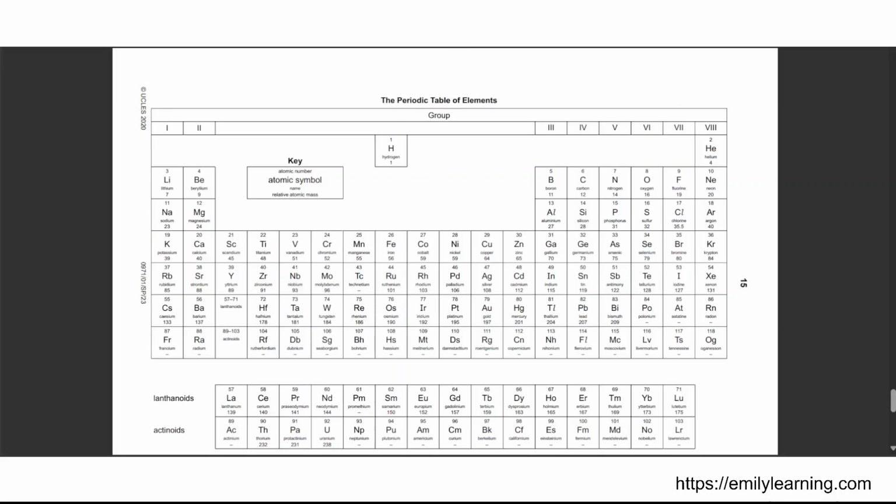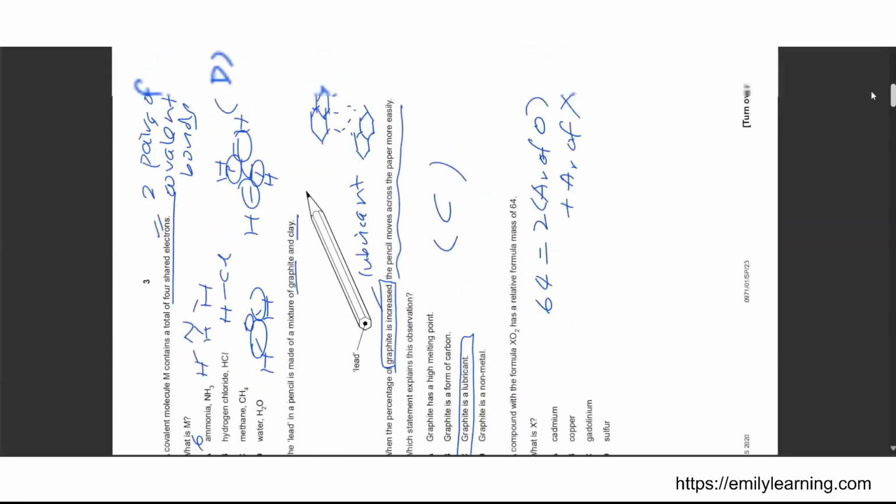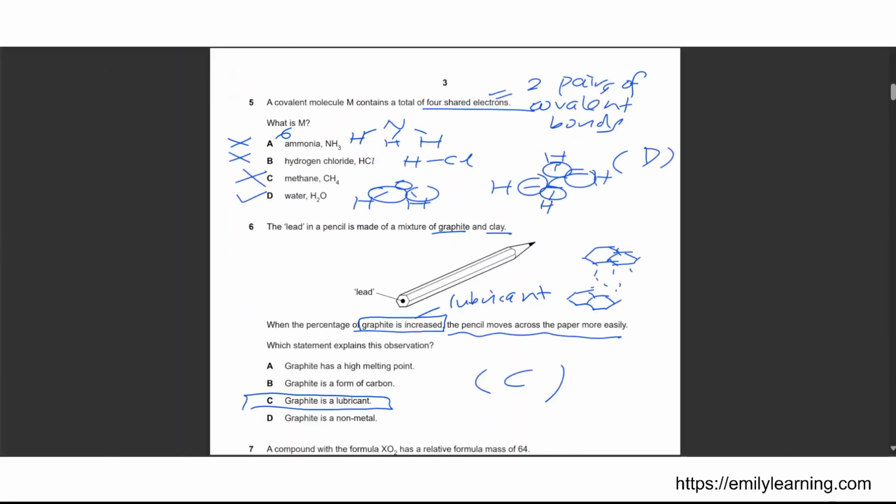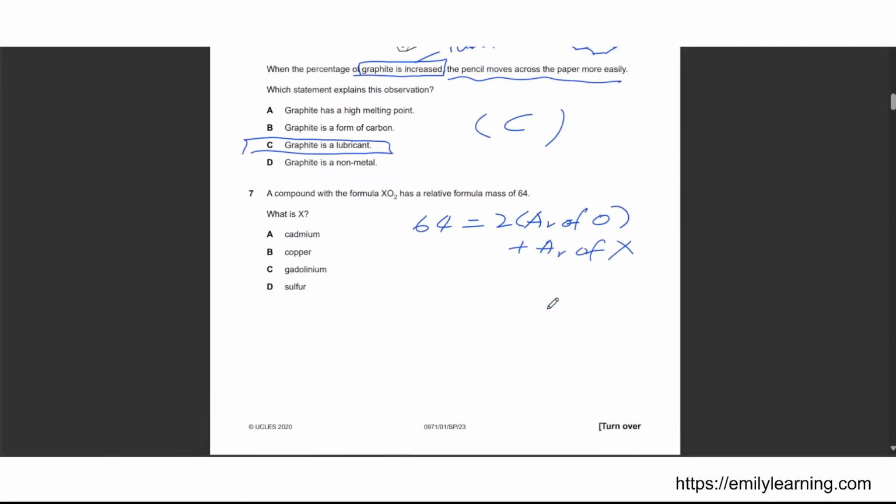So now let me go back to where I was, which is here. Okay, so I know the relative atomic mass of oxygen is 16. So the Ar of X is essentially 64 minus 2 times 16, which is 32. So what is X?